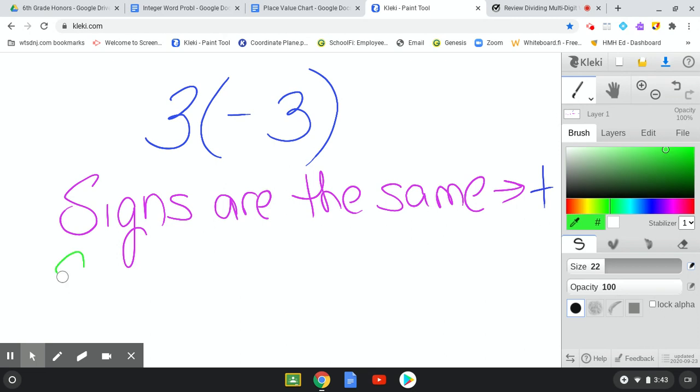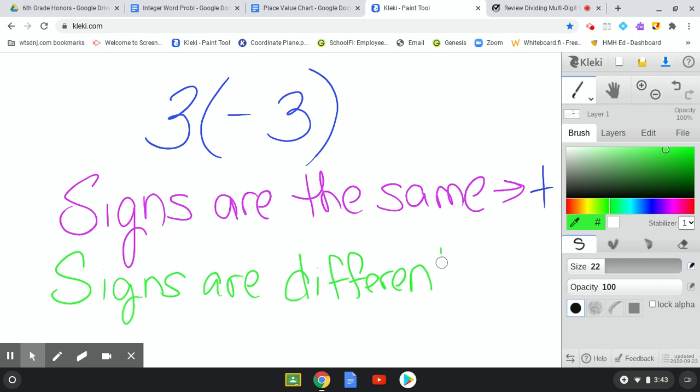If your signs are different, your answer is going to be negative. So very simple. Signs are the same, your final answer will be positive. Signs are different, your final answer will be negative. And when I'm talking about the signs, I'm talking about the signs of your integers within the problem.